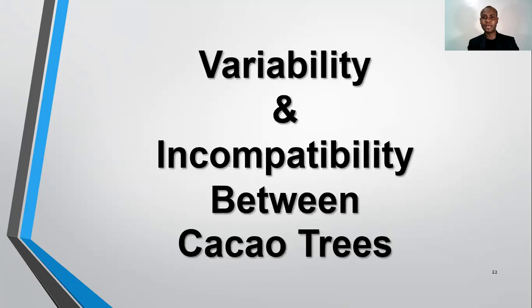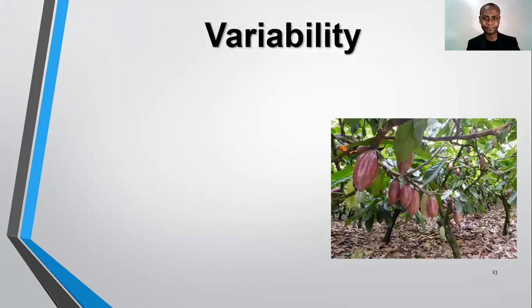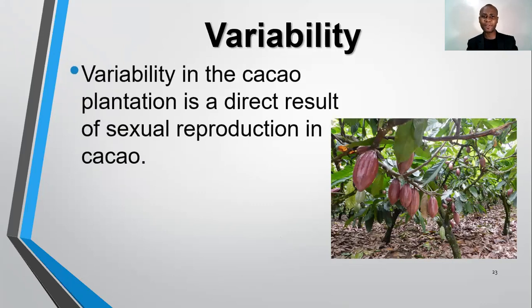Okay, so now let's look at variability and incompatibility. Variability in cacao plantation is a direct result of sexual reproduction in cacao.